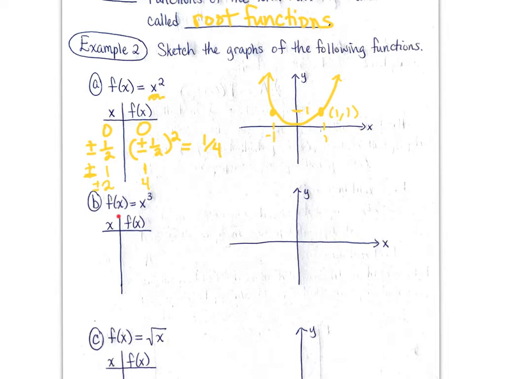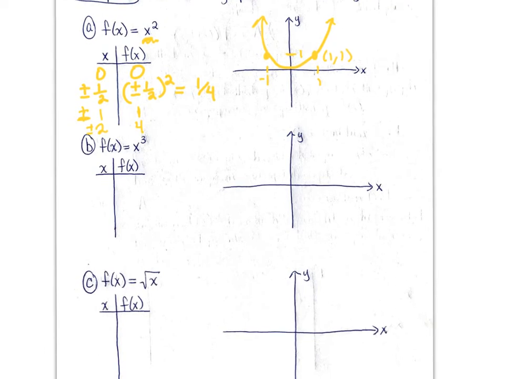Now, the graph of f of x equals x cubed, same thing. Plot some points. So use a t-chart. When x is 0, y is 0, meaning you substitute your x values in there. When x is 1/2, you get 1/2 cubed, which gives you 1/8.